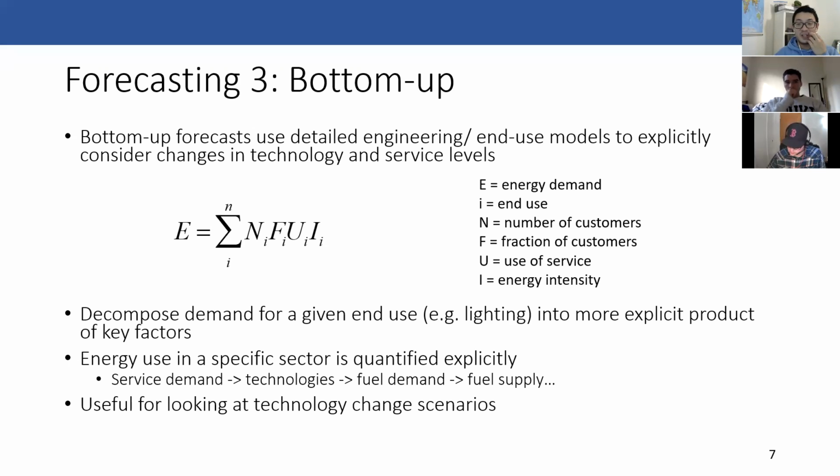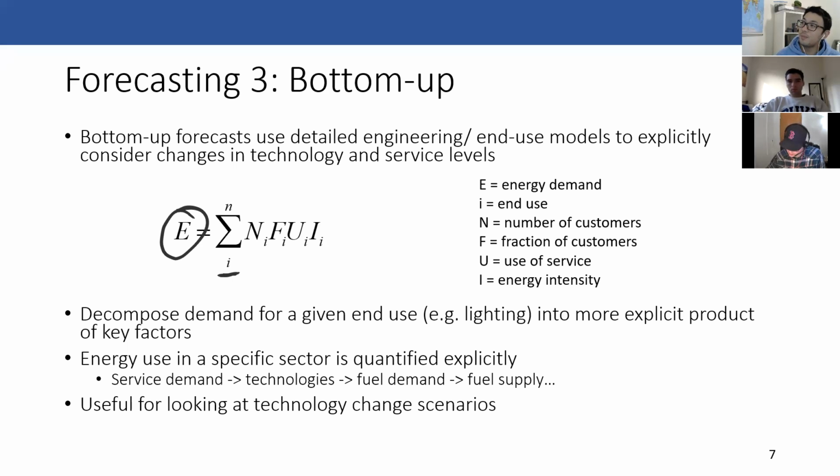And so in this case, in order to build up to your total system, equivalent to what I was saying with the top-down system, your I needs to encompass basically every observable end use technology.